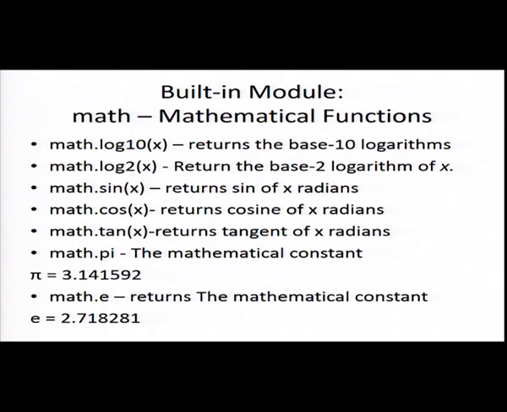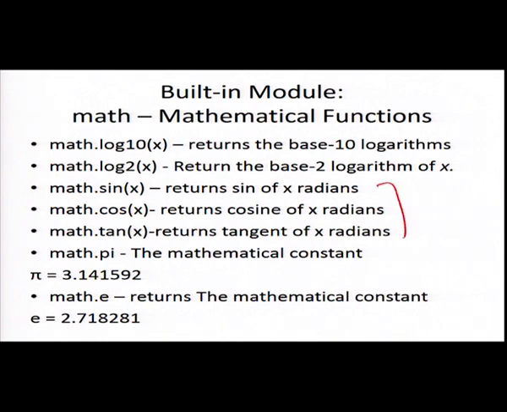Math dot sine of x returns the sine of x radians. Math dot cos of x returns the cosine of x radians. Math dot tan of x returns the tangent of x radians.